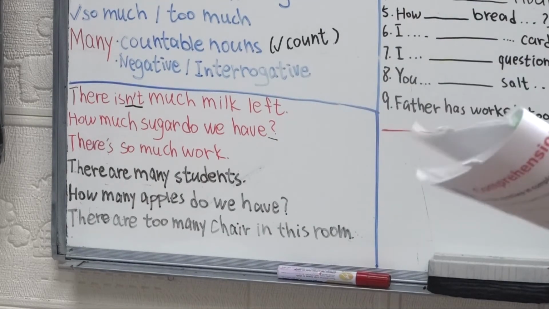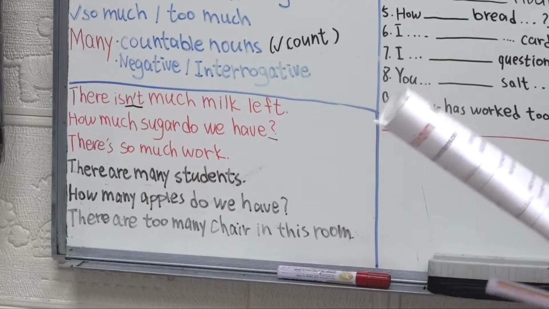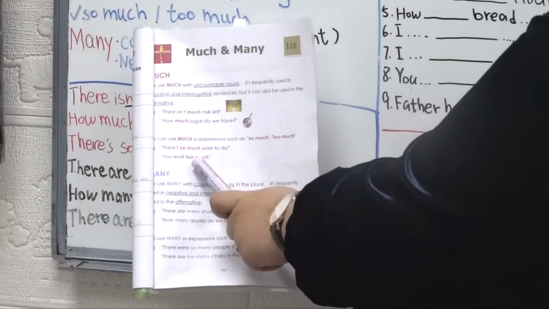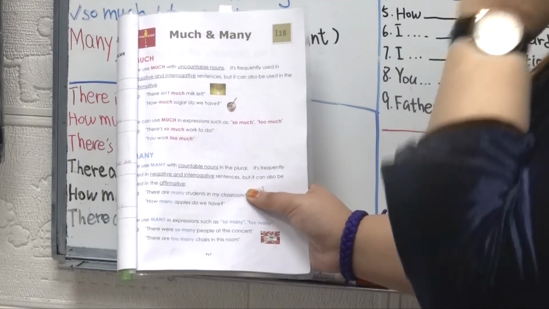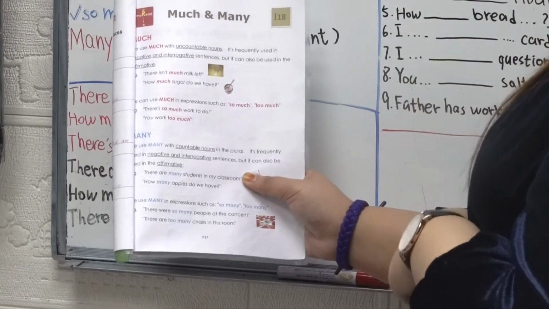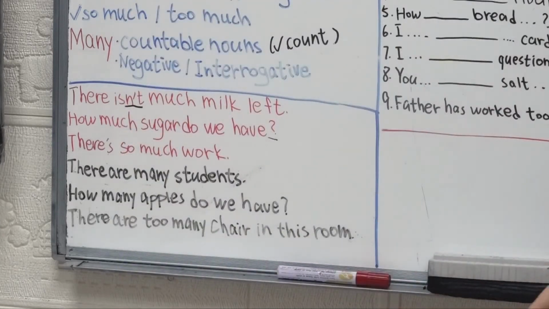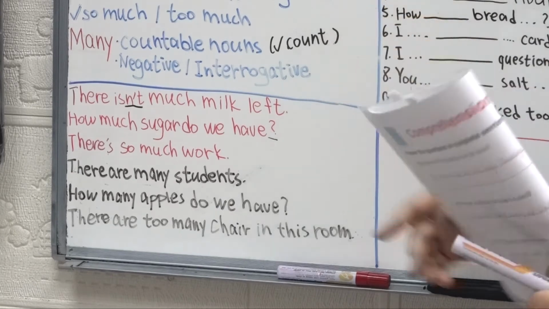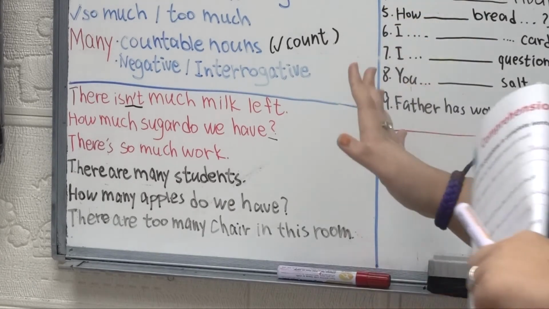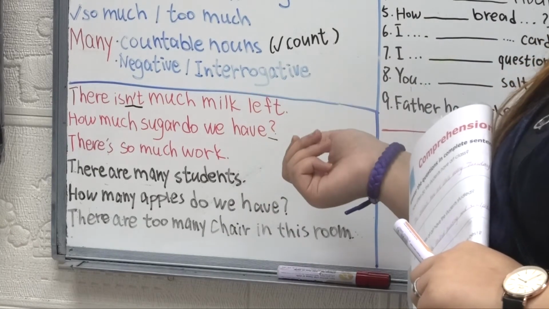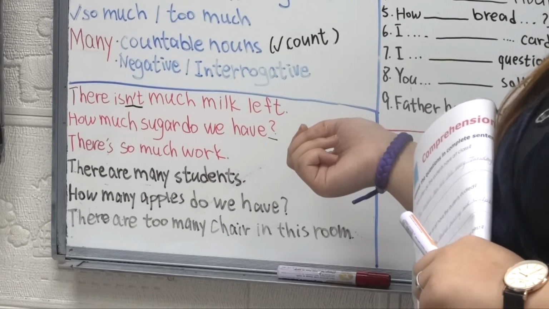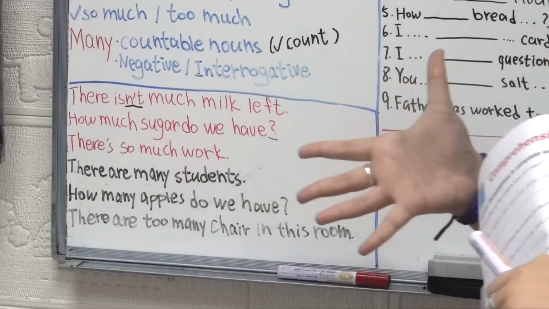The second example in your book is you work too much, right? I'm talking about here, you work too much. So it can be used as the expression here, so much or too much, right? Remember, much is used for the things we cannot count. As you can see, uncountable nouns do not change to plural form.